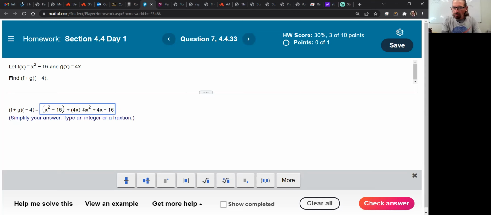And then when I evaluate that at -4, then again, -4 squared is +16. 16 minus 16 is 0. Subtract the last 16, and we get an answer of -16 that way as well.